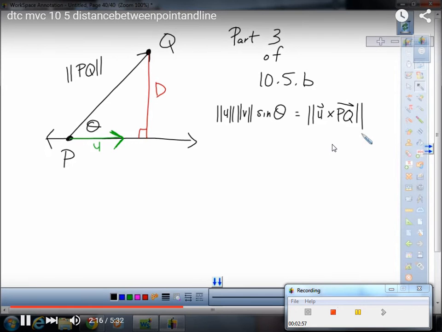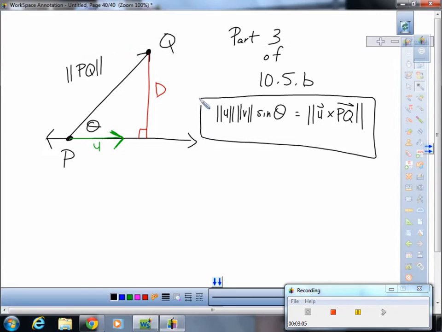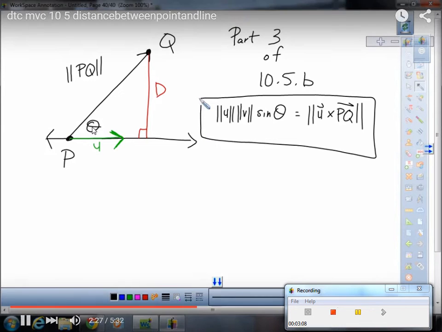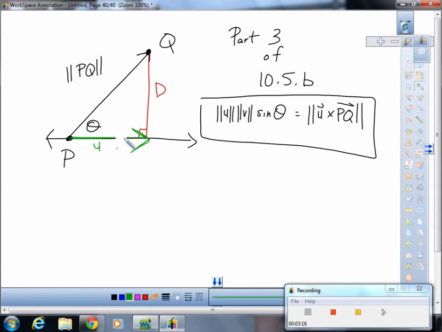Okay, so look. Remember that to find this D, if we knew the angle, it'd be really easy. We'd just use trig. Right? So we would say sine of theta is equal to D over the magnitude of PQ. And we would just get our Pythagorean or our SOHCAHTOA on and find D that way. So we're going to start this by just setting that up.